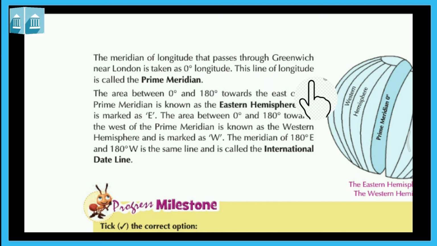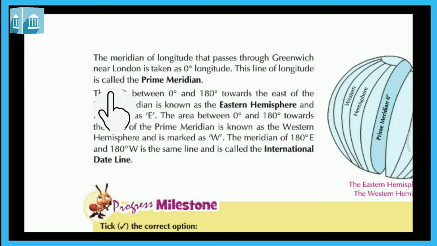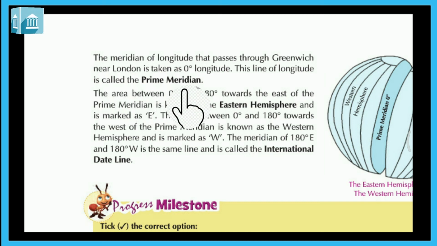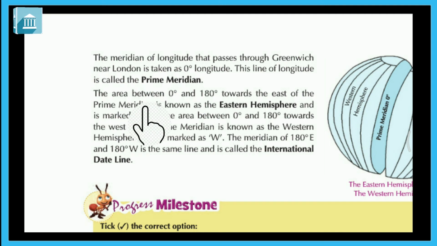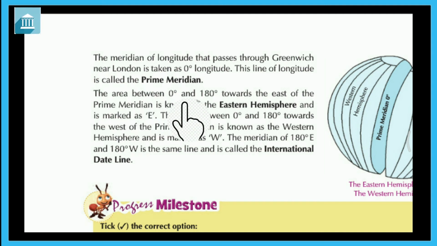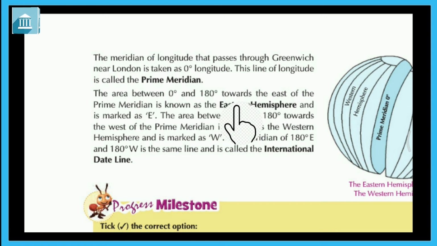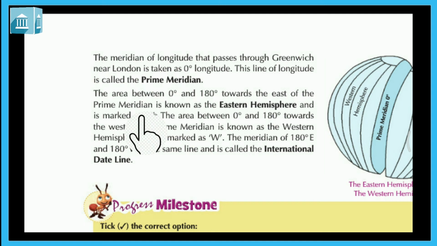This line of longitude is called the prime meridian.